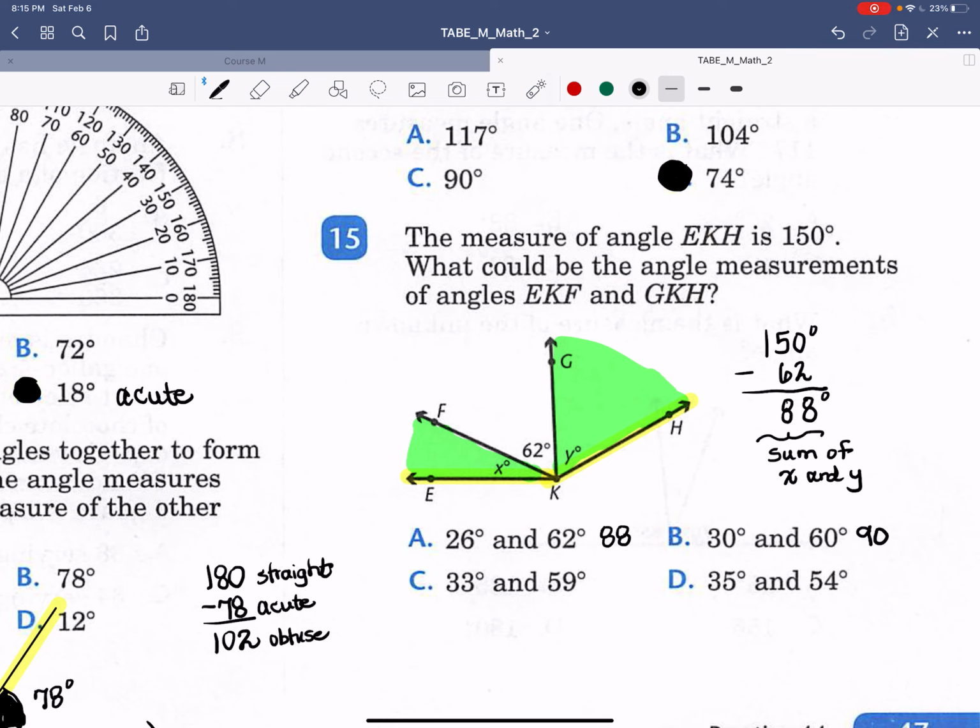That's 90. 33 and 59 is 92. That's obtuse. 35 and 54 is 89. That's awfully darn close, but not quite. The one that is the sum 88 is going to be A for number 15.